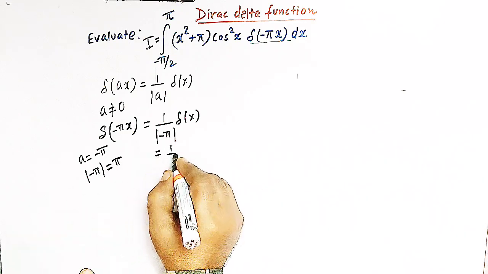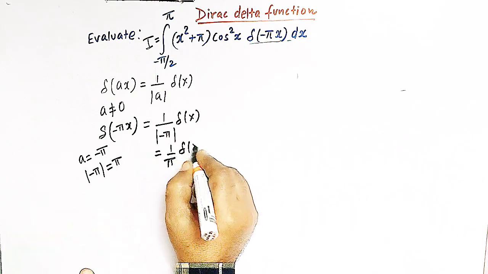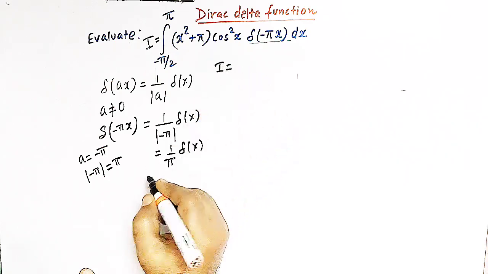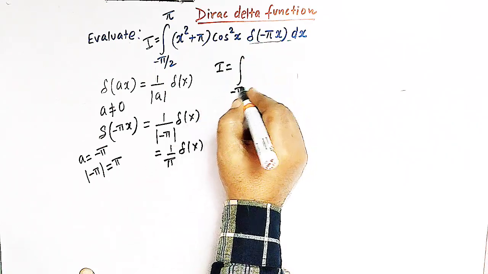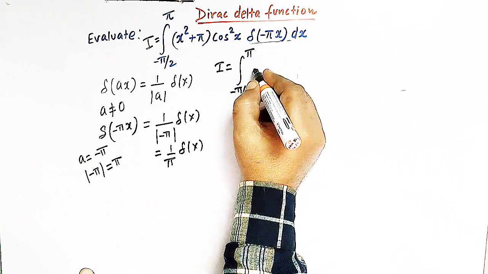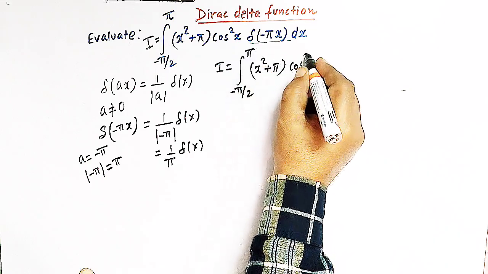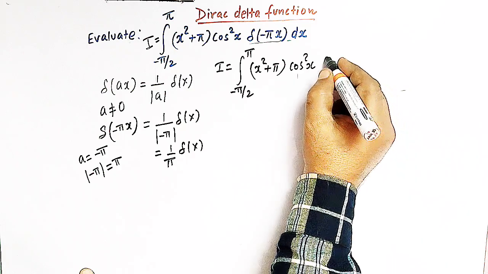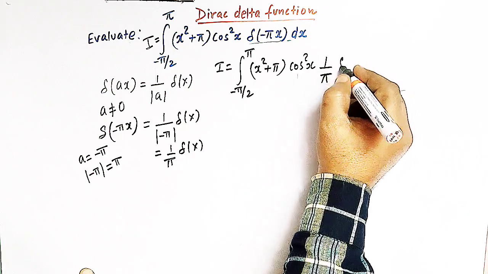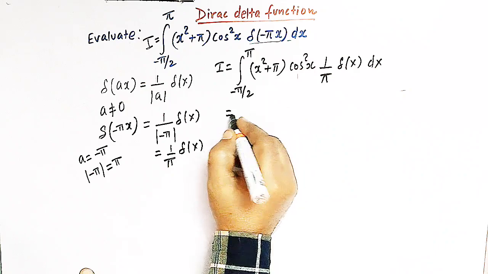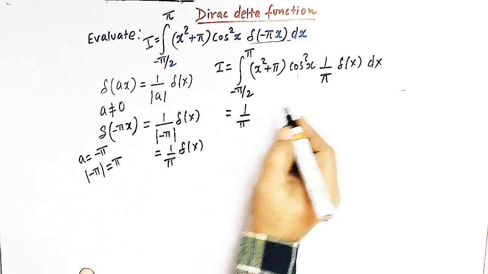So we have 1 over pi and delta of x. We can now write this integral as I equals integral from minus pi by 2 to pi of x square plus pi cos square x, and here we have 1 over pi and delta of x dx. So let us now take 1 over pi outside the integral.